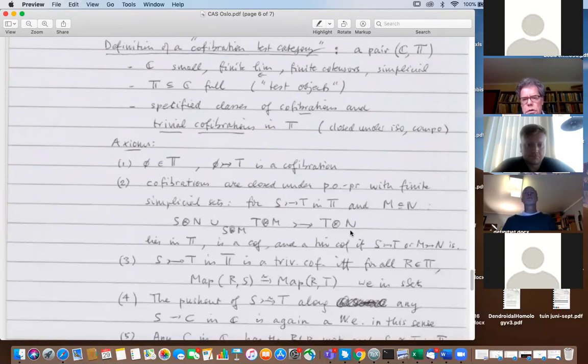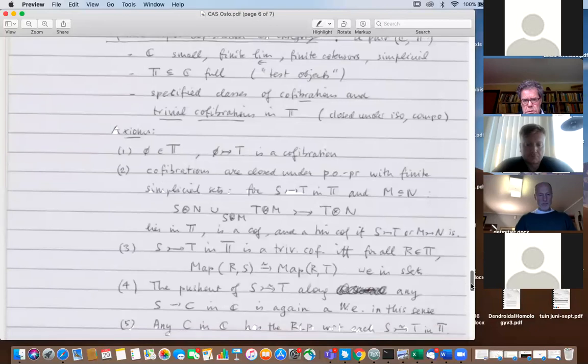You tensor the two big objects to get the biggest object, and inside you can do the small object with the big object and the big object with the small object, and take the push out over the intersection. You get another map, and we ask this map to be a cofibration, and a trivial cofibration if either the map from S to T is a trivial cofibration as specified axiomatically, or M to N is an anodyne extension of finite simplicial sets.